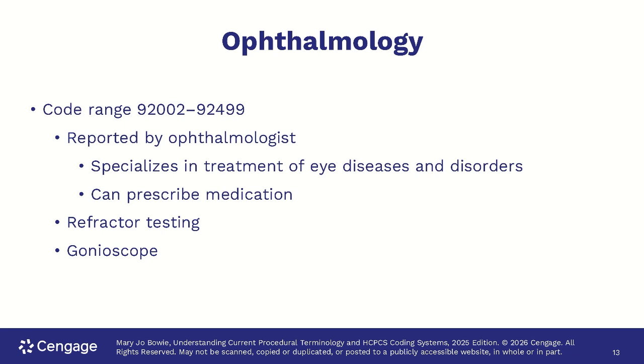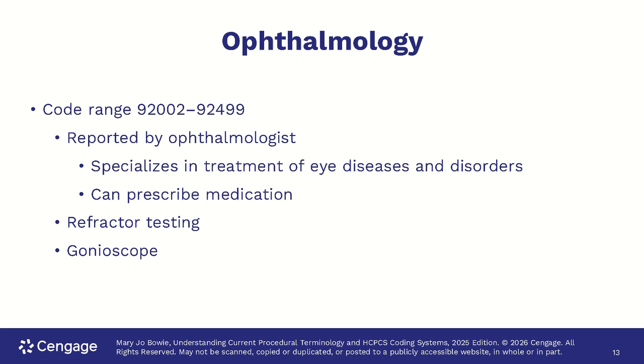But there's two types of doctors. There's an ophthalmologist, and let me just correct myself because the optometrist, which I'll talk about second, is not a doctor. So, an ophthalmologist is a medical doctor who specializes in the treatment of diseases and disorders.